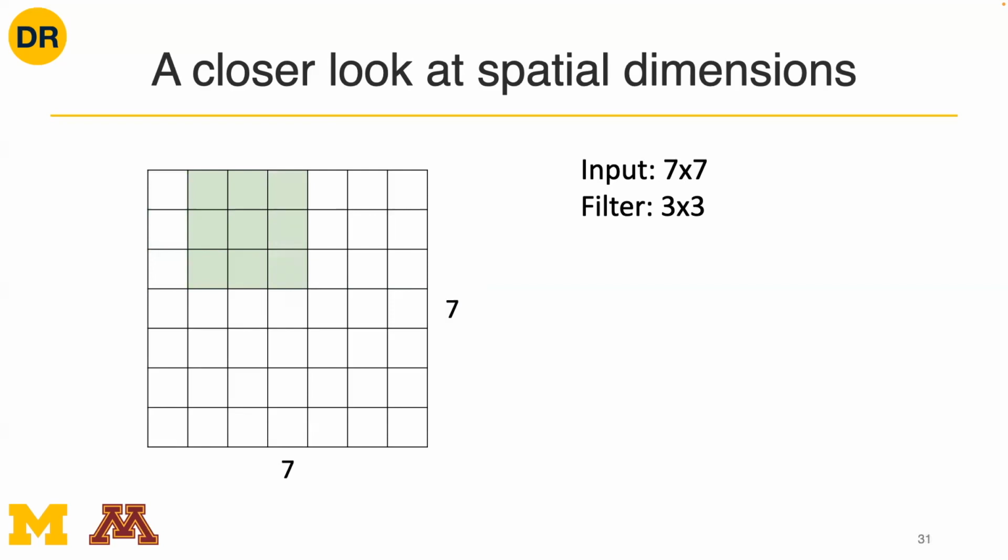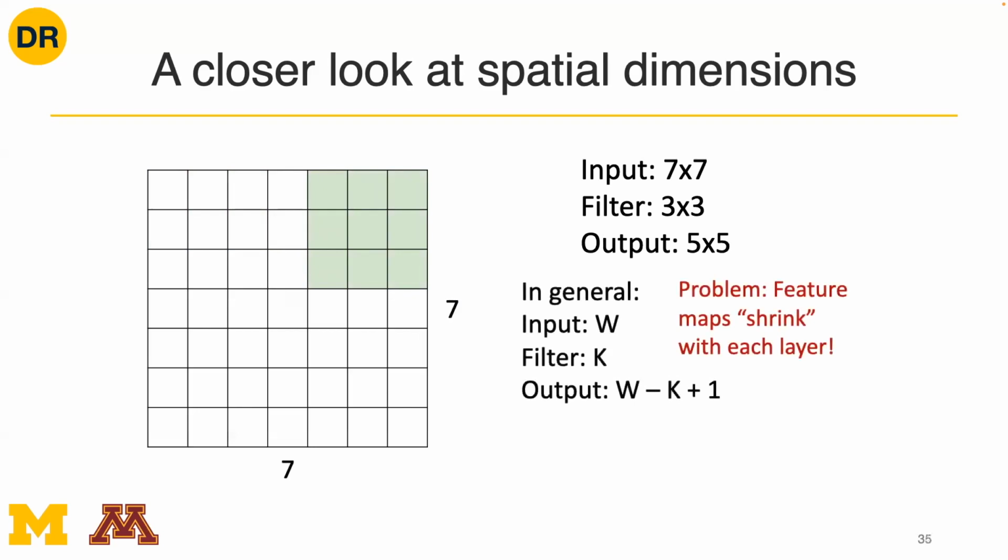We do another dot product and get a second number that goes into our activation map. Then you keep doing this: a third time, a fourth time, and then a fifth dot product. That decides what our output spatial dimension along the width would be. You can imagine this same process going down the height dimension, and we end up as output from this first layer with a 5x5 sized activation map. In general, with the way we've defined convolution as this sliding window of dot products, you're going to be losing spatial dimensions as you apply them.